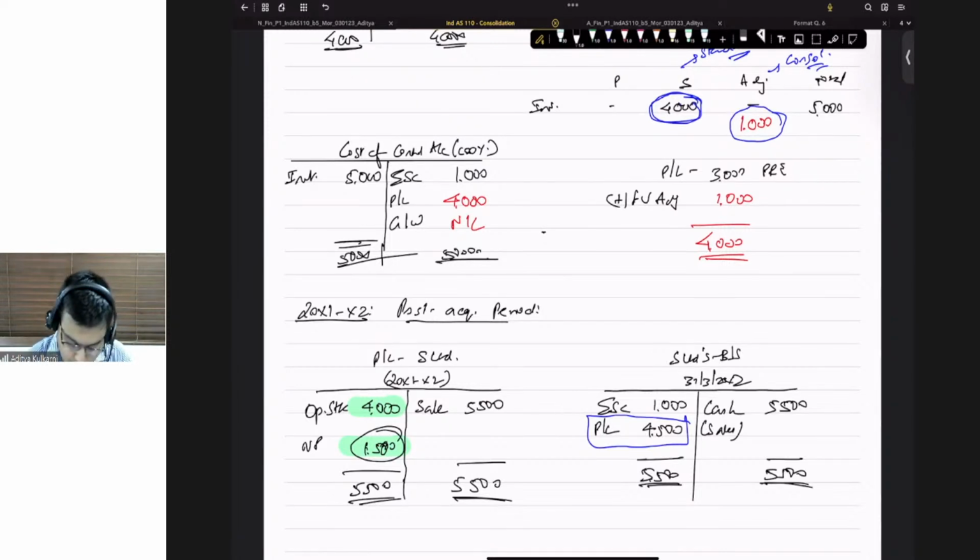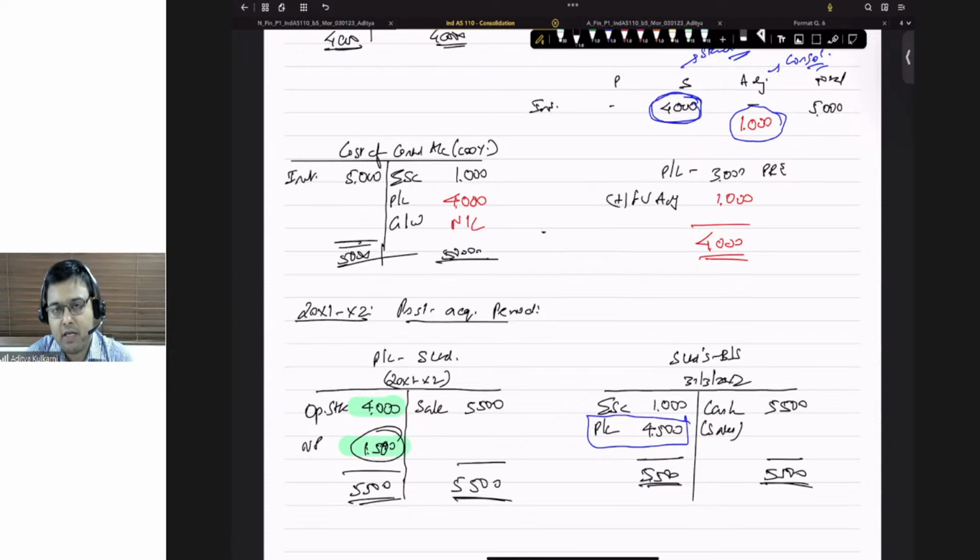So therefore, post acquisition period X1, X2, the profit and loss of S Limited look something like this. The opening stock of 4,000 is sold for 5,500 with a net profit of 1,500. See, just because the net assets are fair valued on the date of acquisition for the purpose of business combination doesn't mean that the subsidiary also should fair value its assets.